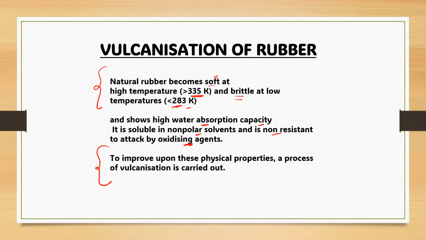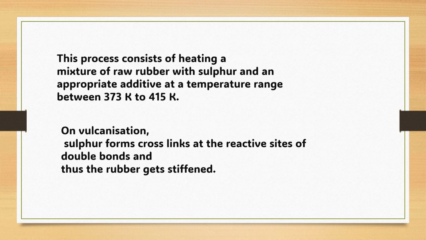Now, what is done in this vulcanization process is that the raw rubber is mixed with sulfur, and an appropriate additive is added at a temperature between 373 to 415 Kelvin. This is very important. 373 to 415 Kelvin.